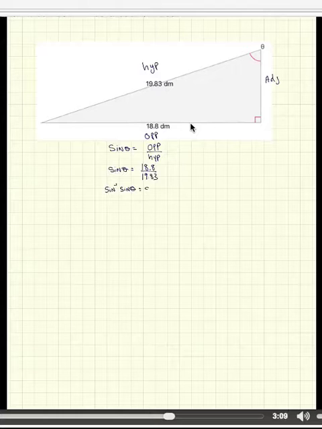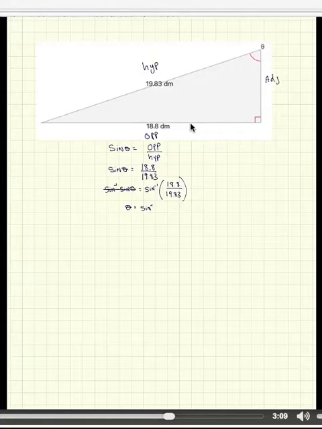So I'm doing this to both sides: the inverse sine of 18.8 divided by 19.83. The inverse sine and the sine cancel each other out, so I'm left with theta is equal to the inverse sine.